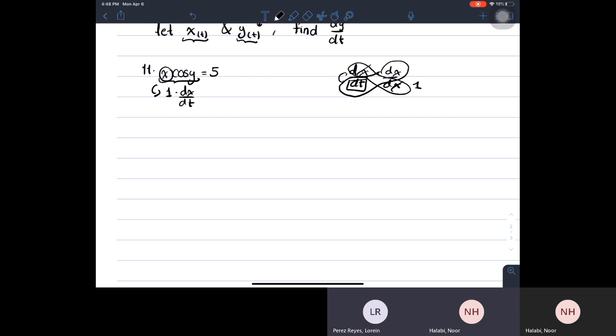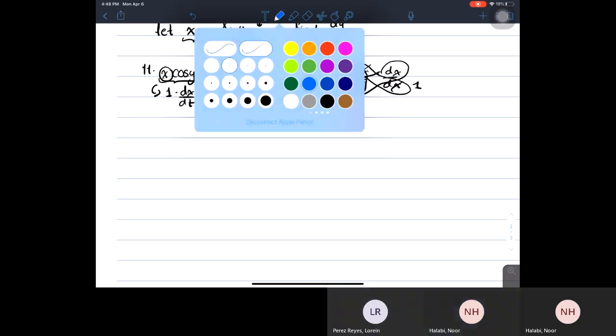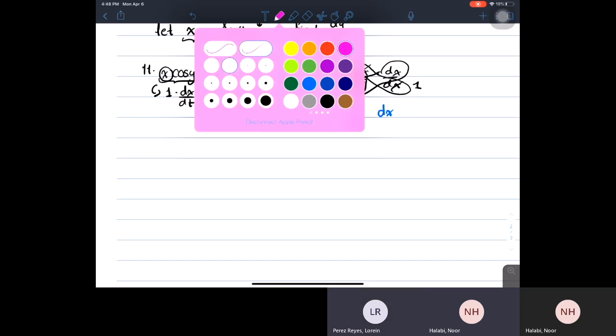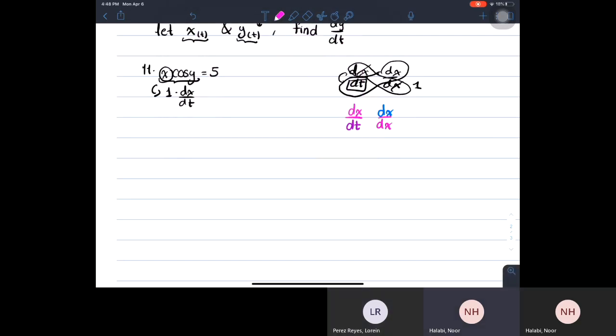Yeah, so you put x instead of y? Yes, because now x is also a dependent variable. Basically I have dx over dt, and I multiply by dx over dx so that these can cancel out, and I am left with dx over dt.